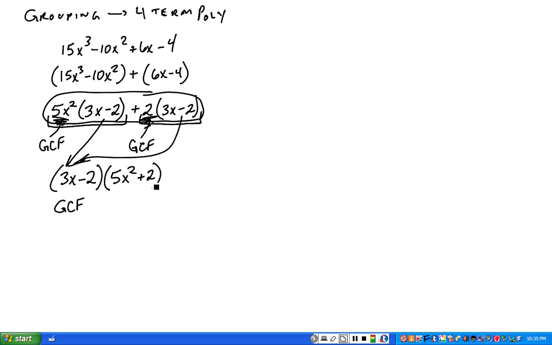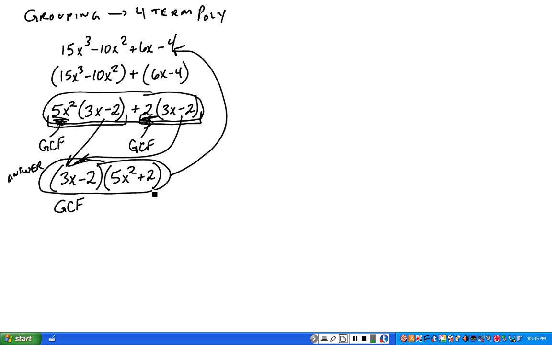So at the end of the day, if I multiplied these two binomials, I would get what I started with. And realize again, this part circled is the answer.